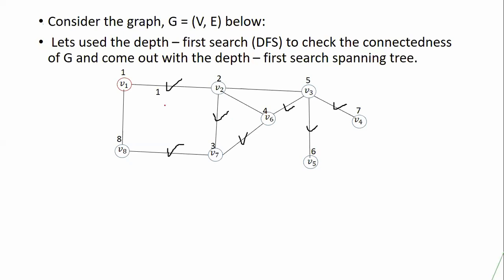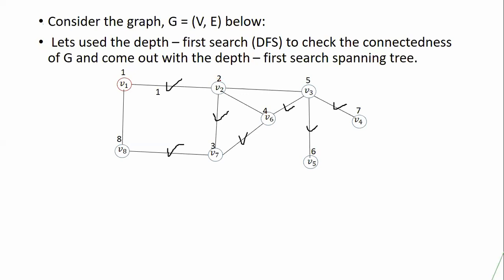I just chose V1, and I mark it 1 as the first vertex I'm going to start with. Now V1 is adjacent to V2 and V8. Pick any one of them. I selected V2 and I name it 2 here.